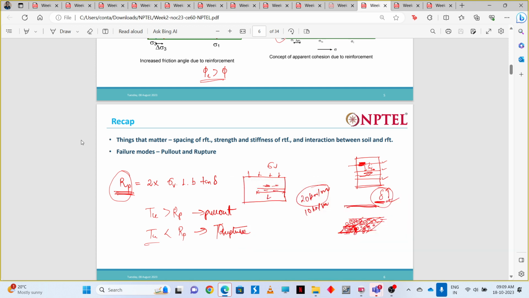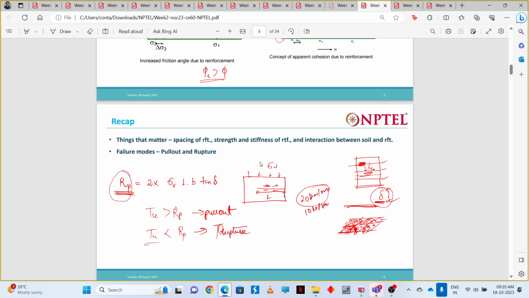Then here you can see we have written the expression for this rupture force: 2 into sigma v times length into width times tan delta. Sigma v means the vertical stress, times the length into the width times tan delta, that is the friction that comes from the friction ratio, and twice because upper and lower.